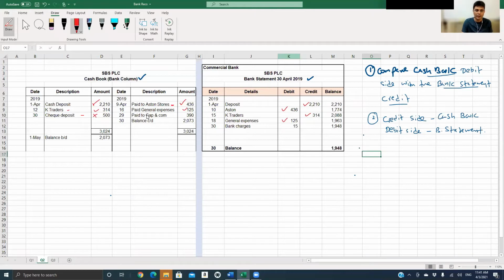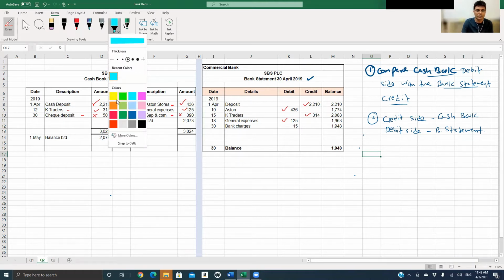Next one. Pay to Gap and Company. Has it been presented to the bank? No. So therefore, there's a difference. Now, apart from that, this is the closing balance, right? Closing balance in the cash book.